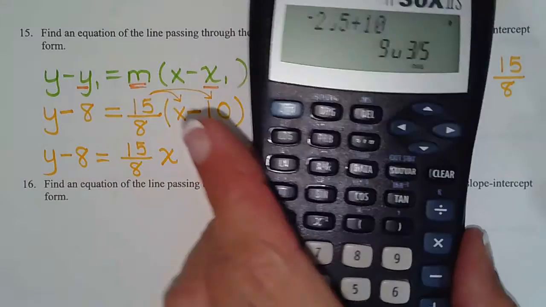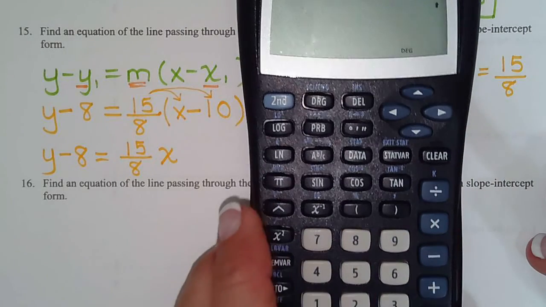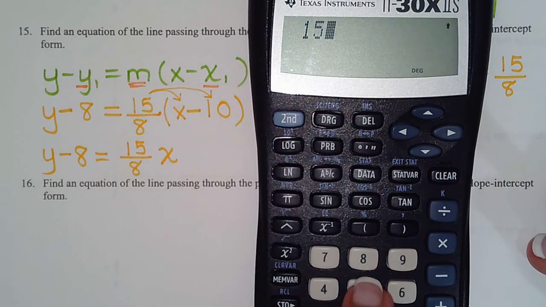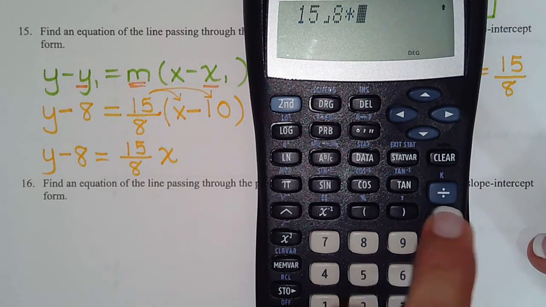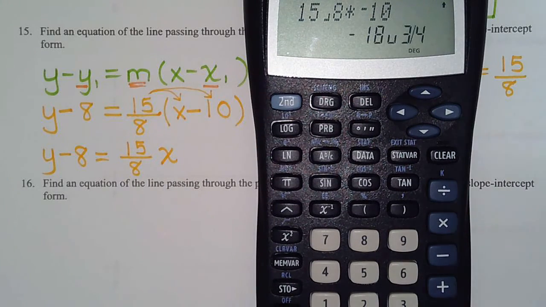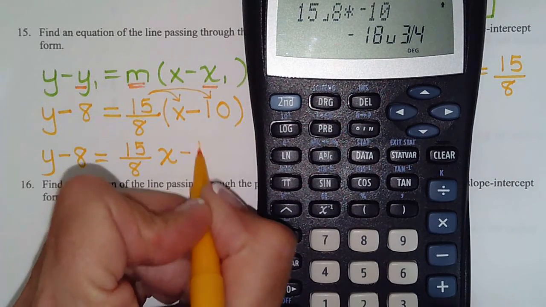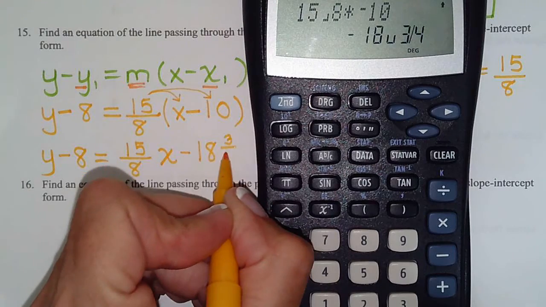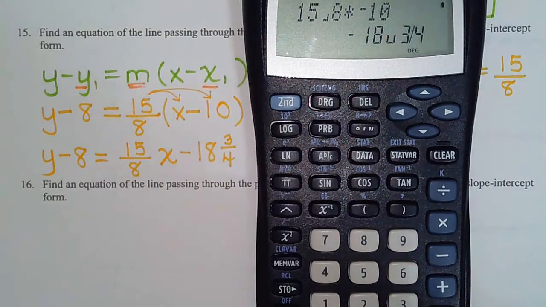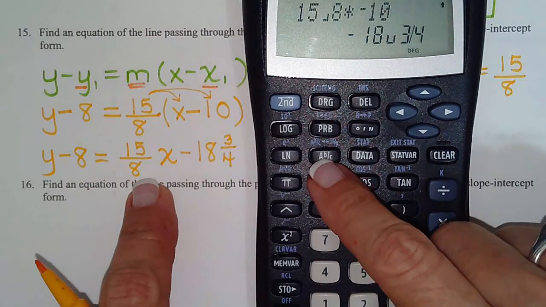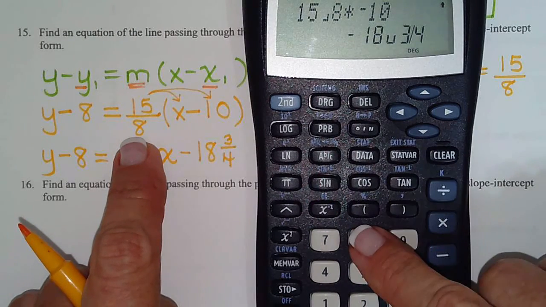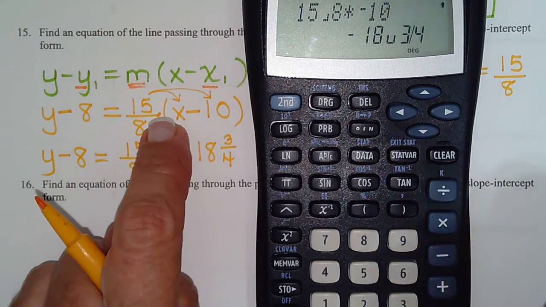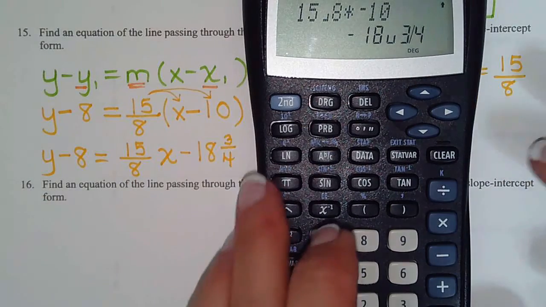And then we have 15 over 8, so 15 fraction bar 8 times negative 10, that gives me negative 18 3/4. Okay, so everybody knows how to do that, right? Use the fraction key. So 15 fraction bar 8 times negative 10. So negative 18 3/4.